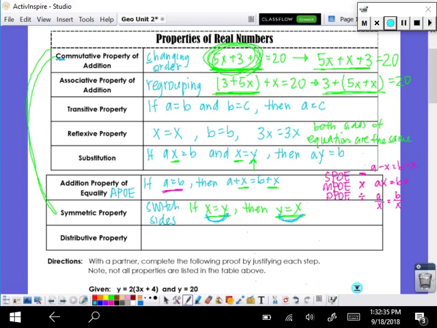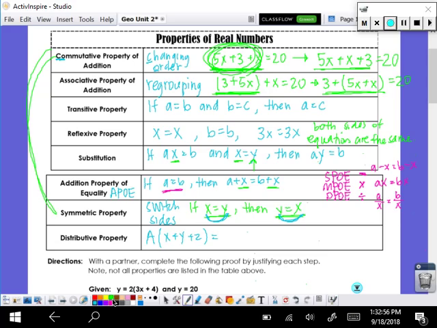And then our last one is the distributive property, which hopefully we know from algebra. It should be embedded in our brains. So basically you're going to have some coefficient, I'm going to call it an uppercase A, with parentheses, and inside the parentheses will be multiple terms. So I'm just saying x plus y plus z. Those are my three terms.